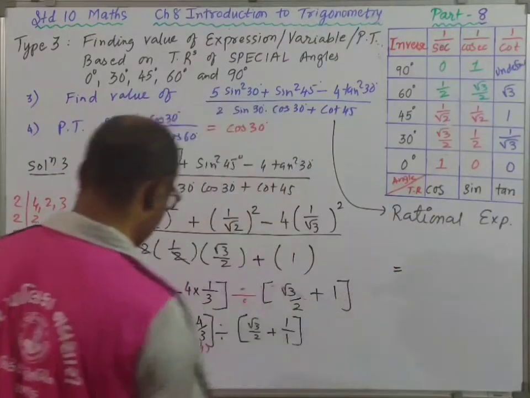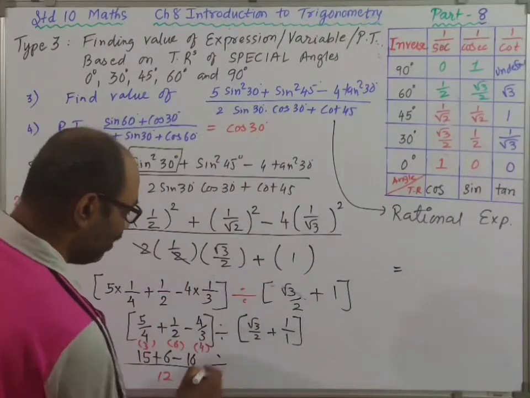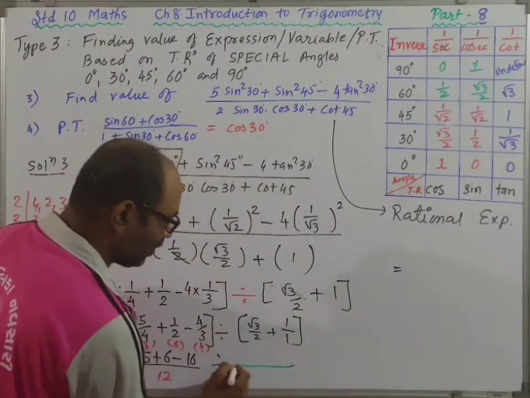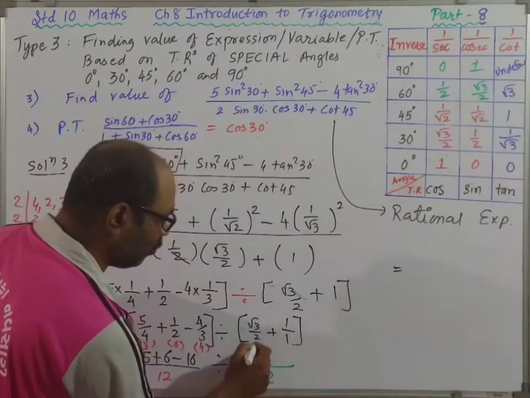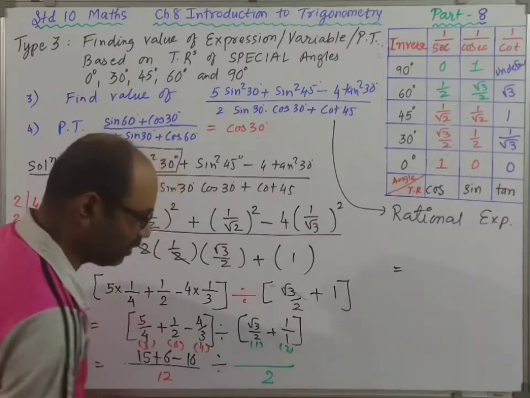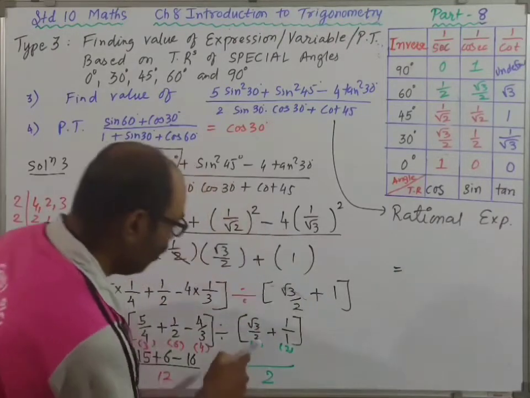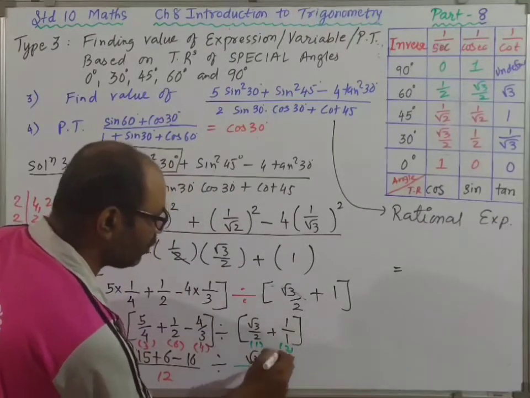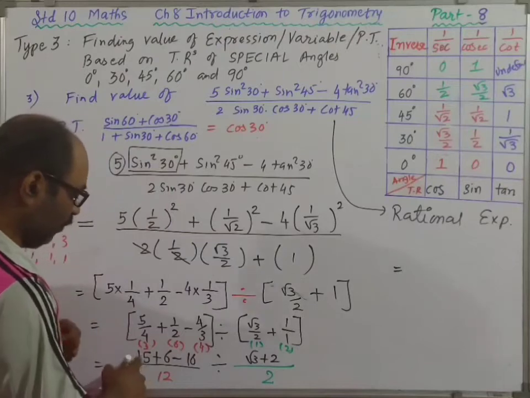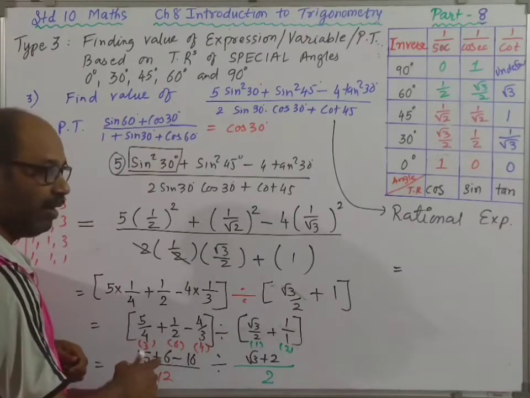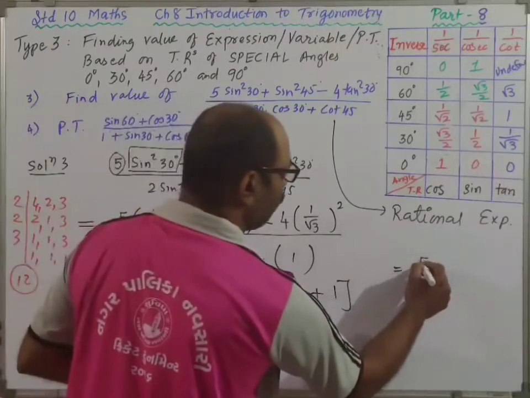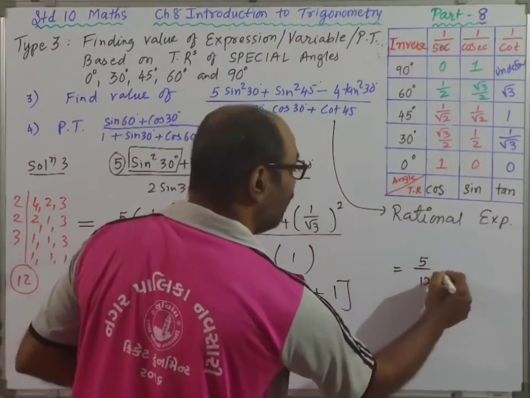That is equal to divide by, children, यहाँ भी LCM निकालो. 2 और 1 का LCM 2. 2 1s are 2 और 1 2s are 2. So what you have? 1 into root 3 is root 3 plus 2 into 1 is 2. चलिए. So 15 plus 6 is 21. 21 minus 16 is 5. So that is 5 upon 12.